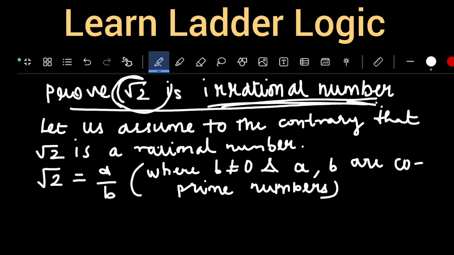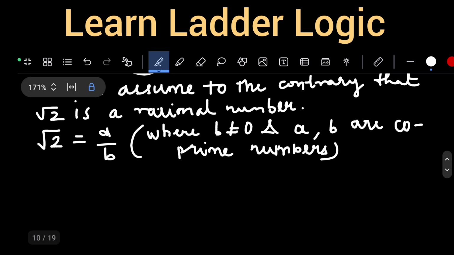Okay. Co-prime numbers are those numbers which have only one as their common factor. Means they cannot be simplified into a smaller number.